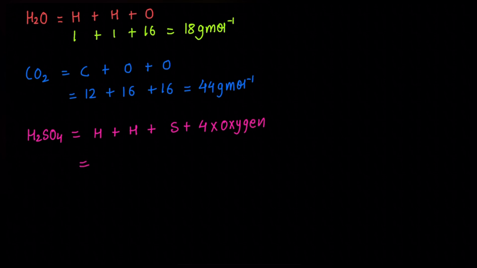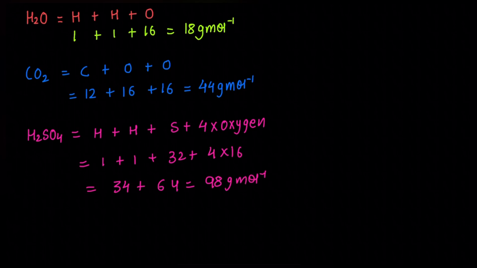So it will be 2 times 1 plus 32 plus 4 times 16. That is 34 plus 4 into 16, which is 64. It will be 98 grams per mole.